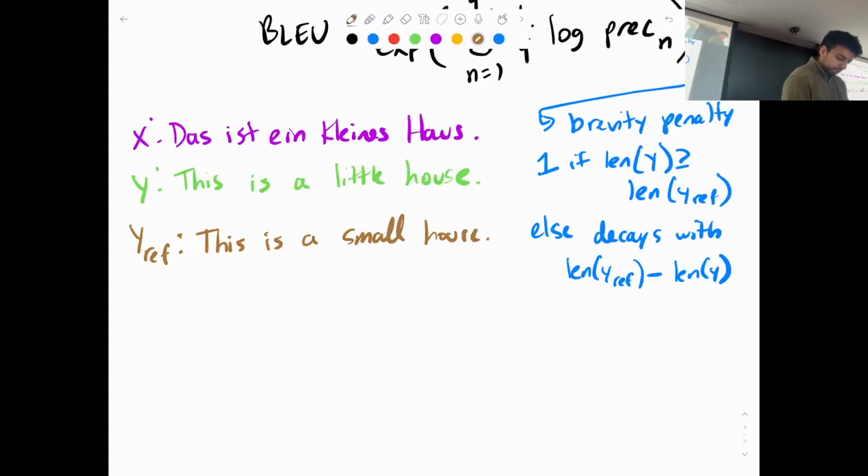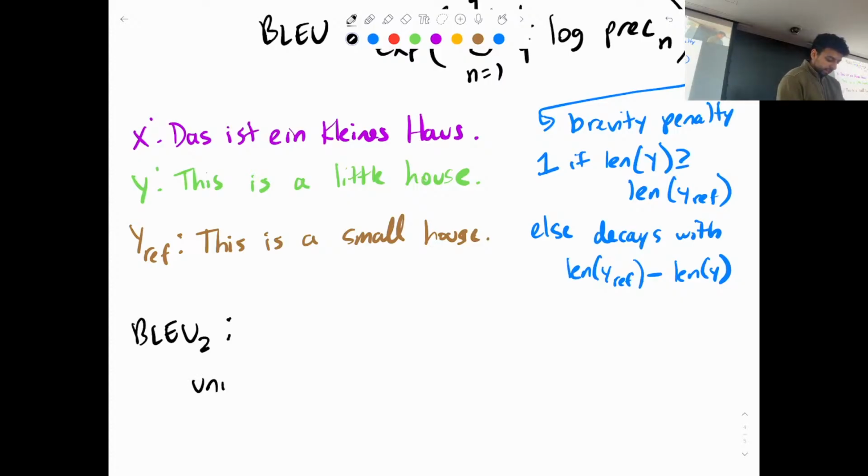What we do in general is we first compute the n-gram precision for all values of n from 1 to 4. Here we will just compute BLEU-2 to save time. So we'll compute both the unigram and bigram precision and take the geometric average.